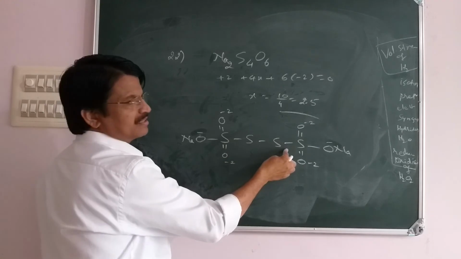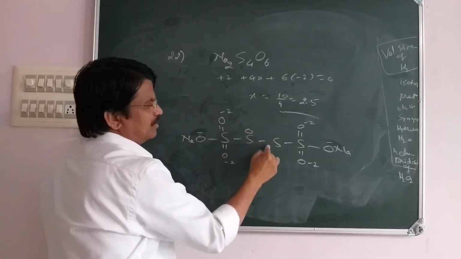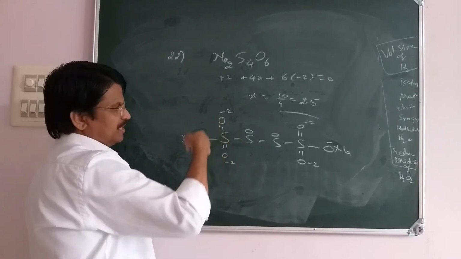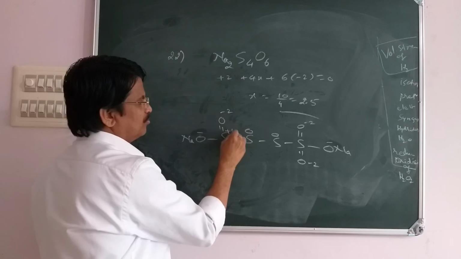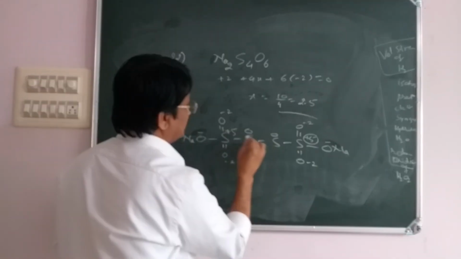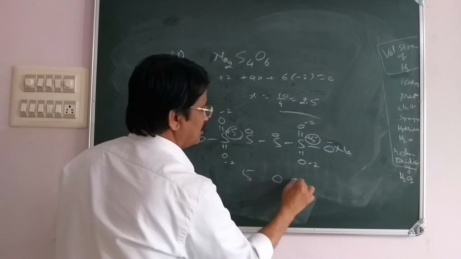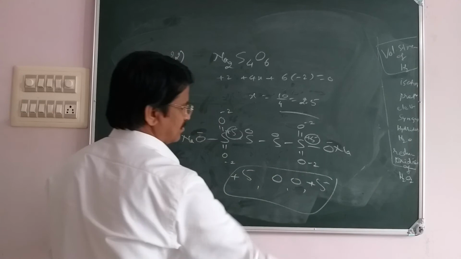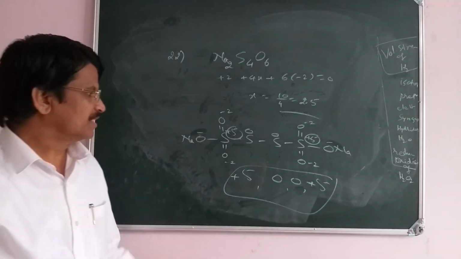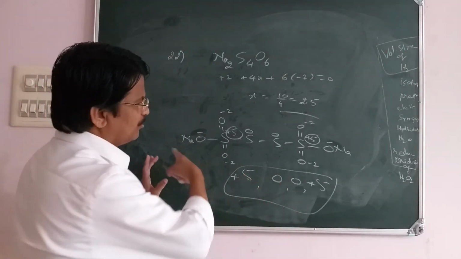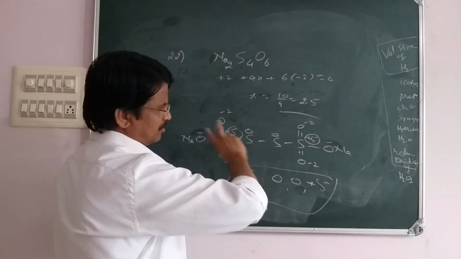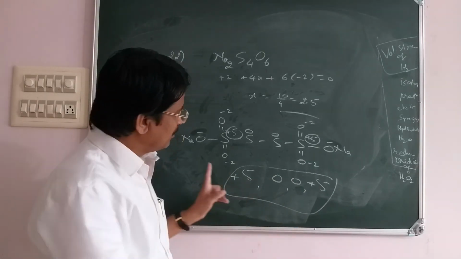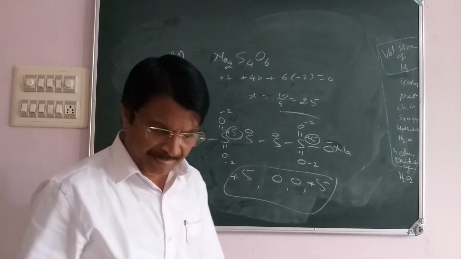Therefore, the oxidation numbers of S are plus 5, 0, 0, plus 5. But when you find the average of all 4, it is 5 plus 5, 10, 10 by 4, 2.5.